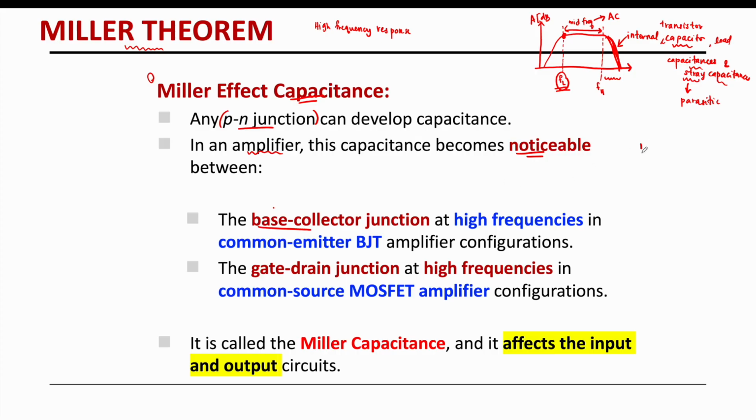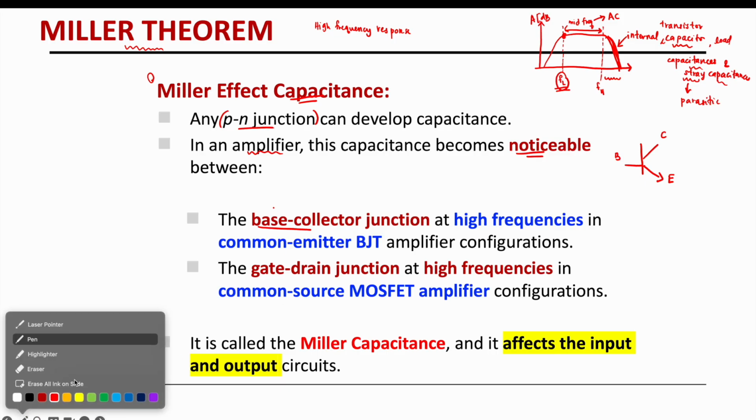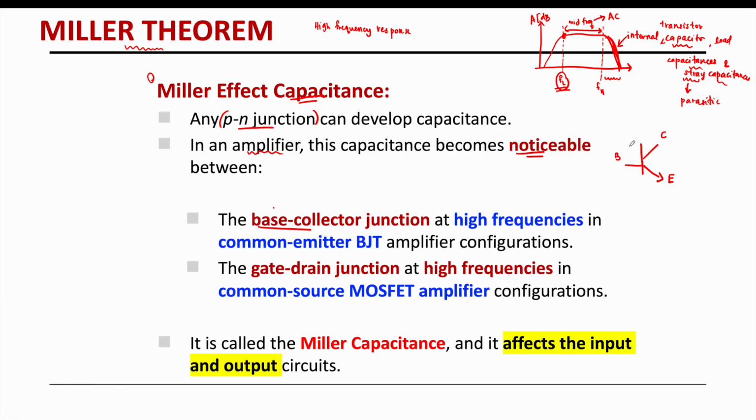If we recall our BJT, this is our BJT. We have our base here, collector here, emitter here. Where does this Miller effect capacitance happen? The Miller effect capacitance happens between the base and the collector junction.